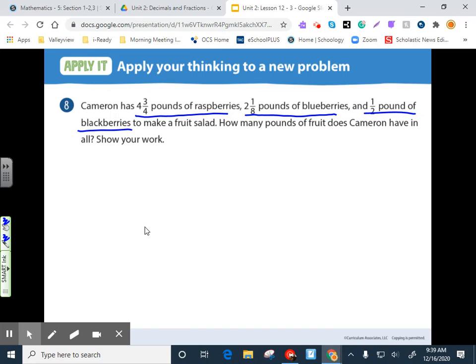So again, like I said the other day, when you see that phrase "in all," that's your cue to add. So let's put all our numbers down here so we can see them together. 4 3/4 plus 2 1/8 plus 1/2.